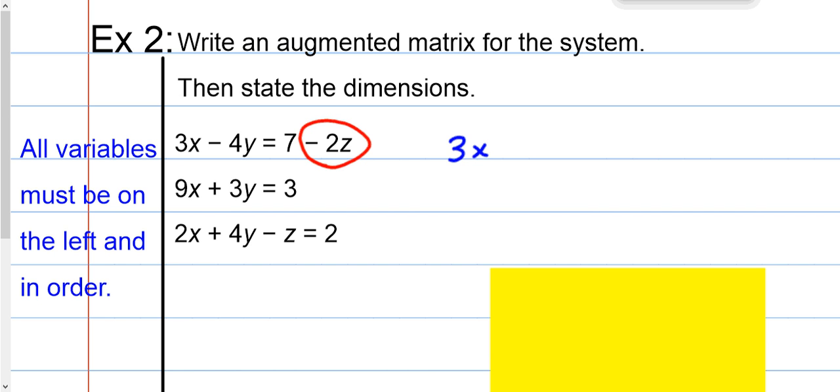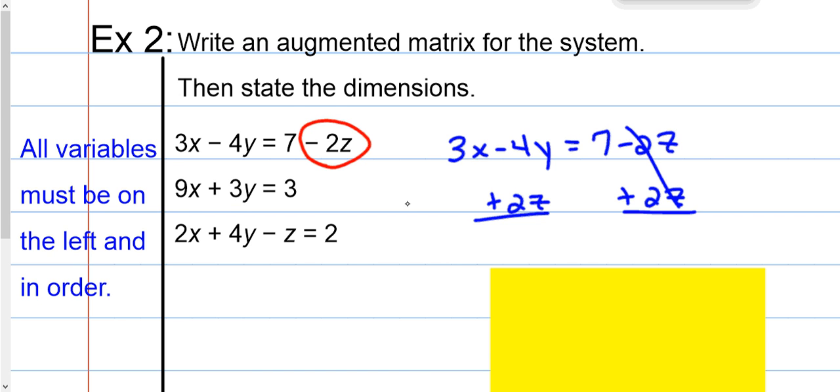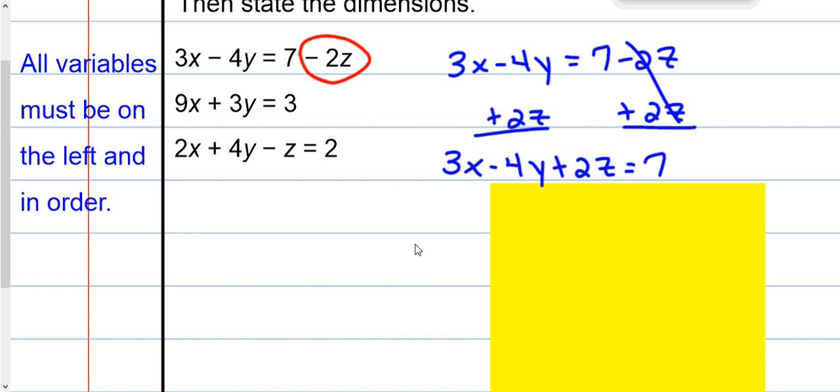If I have 3x minus 4y equals 7 minus 2z, then I'm going to add 2z to both sides. That way I can get all my variables on the left. Write them in alphabetical order. 3x minus 4y plus 2z equals 7. So now that that's all on the left, let's rewrite the entire system. 3x minus 4y plus 2z equals 7.